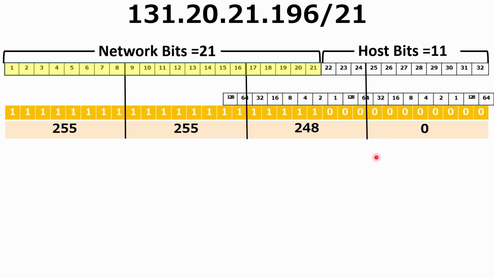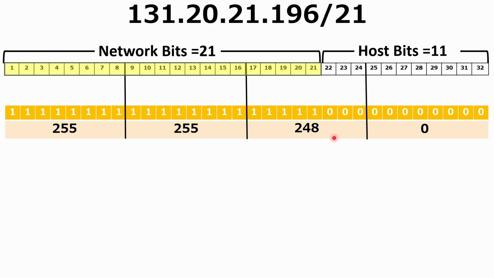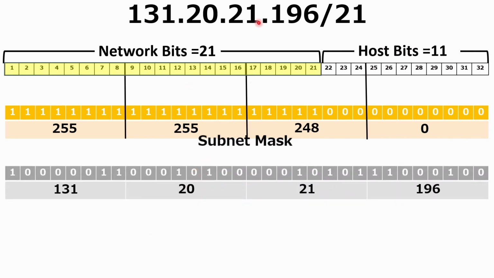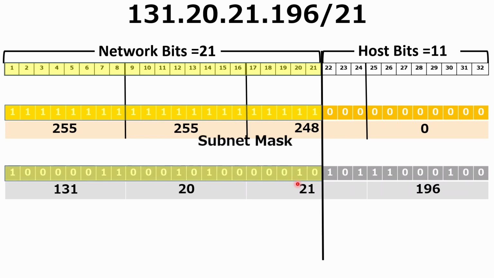So what's this? This is your subnet mask, and we'd like to find the first IP address in this subnet. To do that, I want to bring my IP address first and draw a line here to show us where the 21 is, and we only want to focus on the left side of this line.